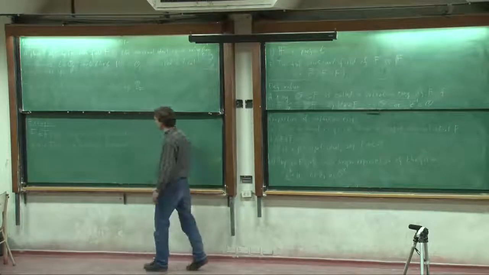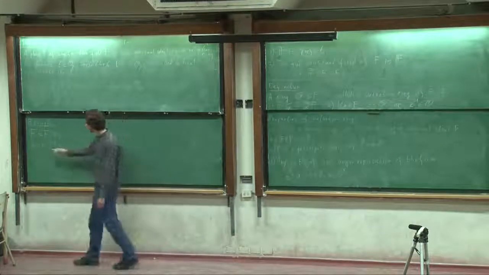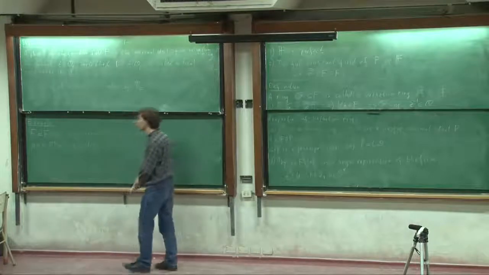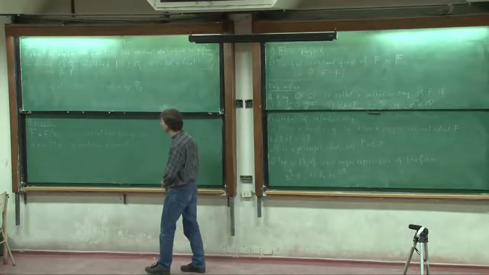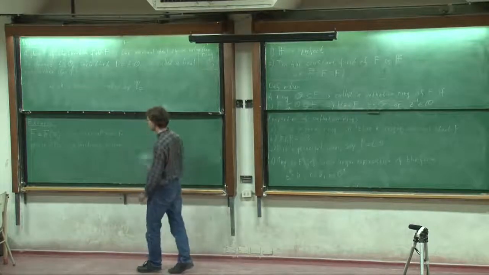Yeah, so since x is transcendental, this is a polynomial ring in one variable, and let us take an irreducible polynomial from there. And it turns out that associated to such an irreducible polynomial is a place.